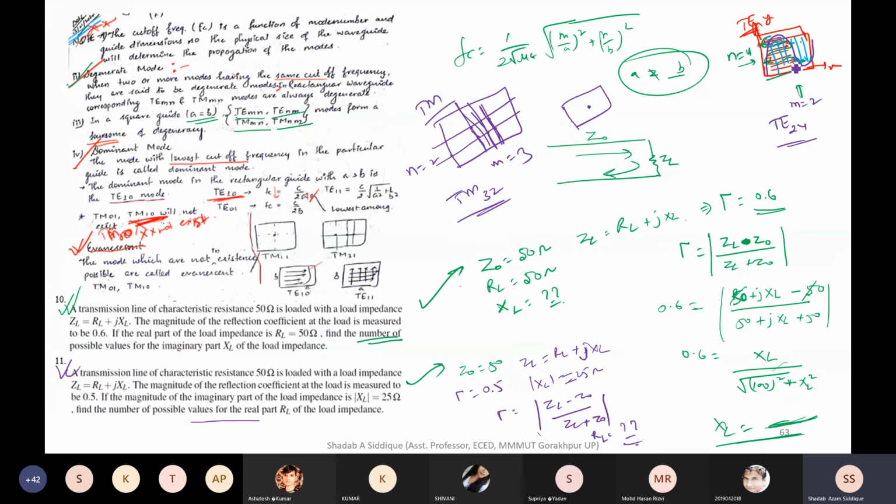Both simultaneously m0 and n0 is not possible, because if both m0 and n0 were there, that means the wave is not traveling at all. So here it is shown, TM11: one point is there, one is cutting from the m side, one is cutting from the n side. TM31: 3 lines are cutting and 1 line is cutting from this side.